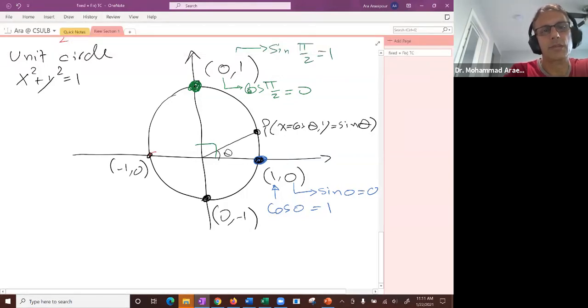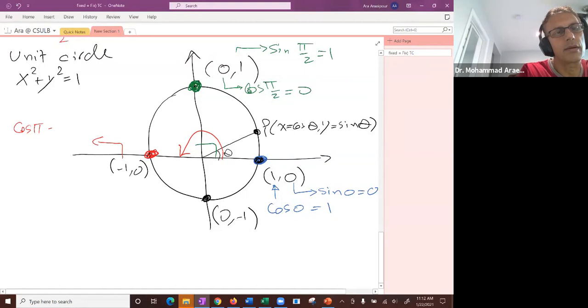If I'm looking at this point, this is 180 degrees or pi. Cosine is negative 1, sine of pi, 0.